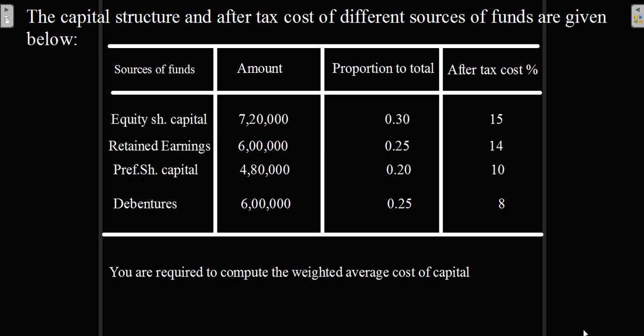The first sum: the capital structure is given, and their after tax cost is also given with the proportion to the total. We are expected to compute the weighted average cost of capital.